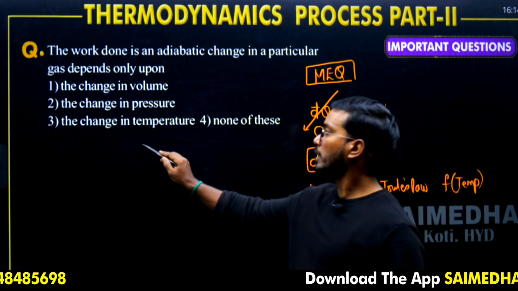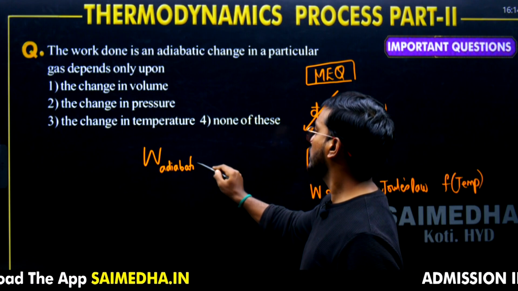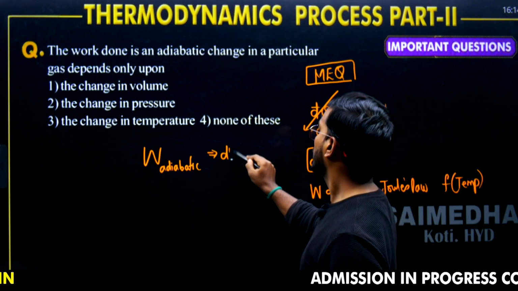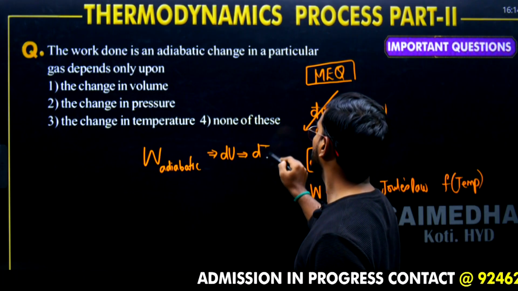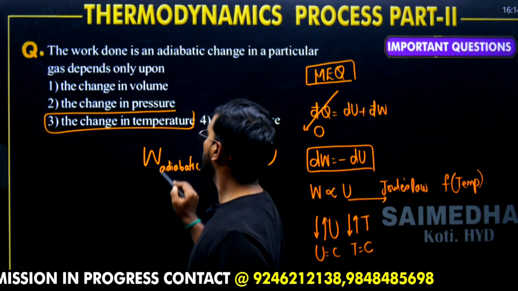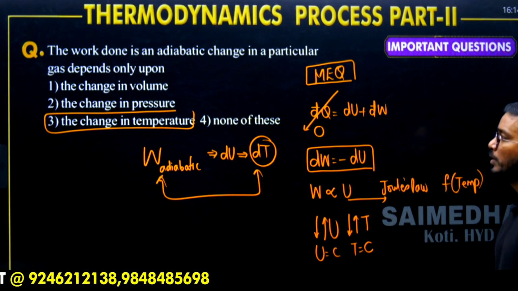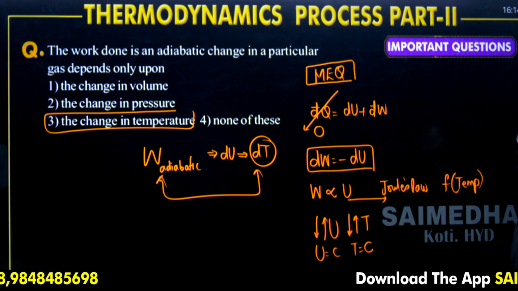That means work of adiabatic is depending on internal energy change, and internal energy is depending upon change in temperature. So what is the correct answer going to become now? Work done is dependent on change in temperature. Very important question, remember it.